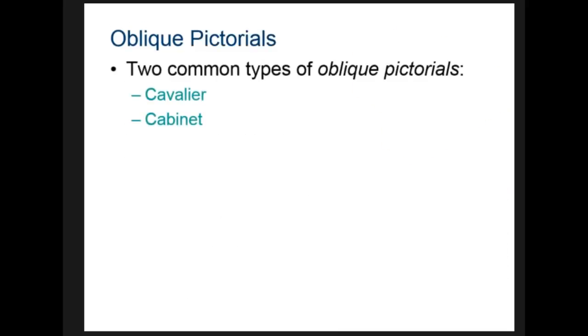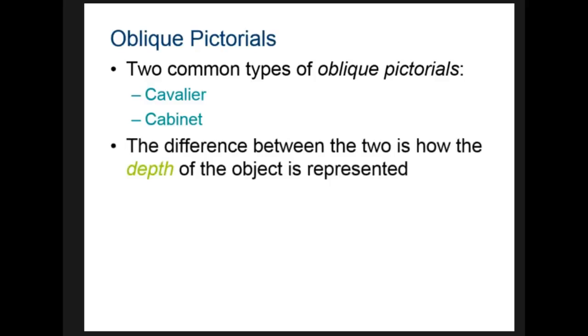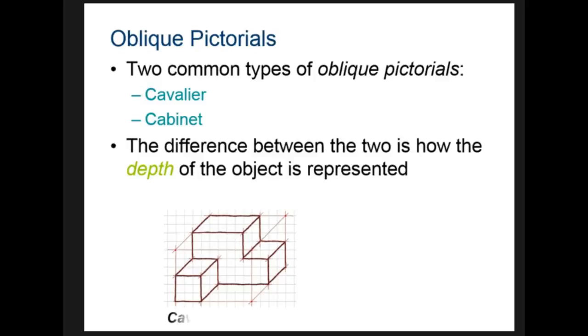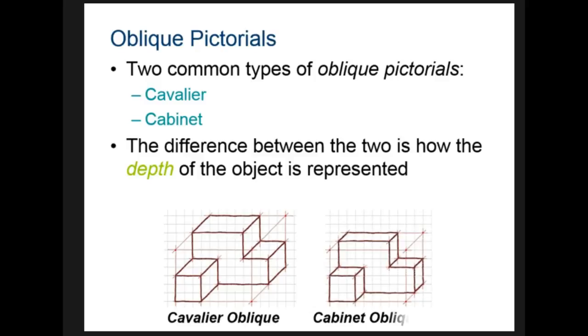So the two common types that we're going to draw today, and you're going to just need to know the difference, are cavalier and cabinet. And the difference between them is how deep it shows. In a cavalier, we show it to the full actual depth that it's supposed to be. So if this length and this length are the same length on our actual object, we measure this length and then measure back that far in order to make them exactly the same on the drawing.